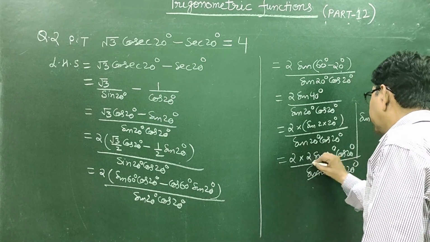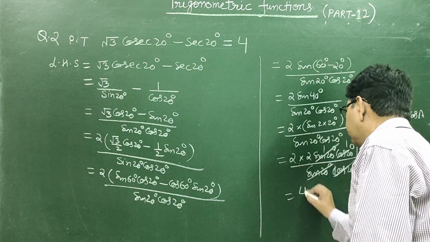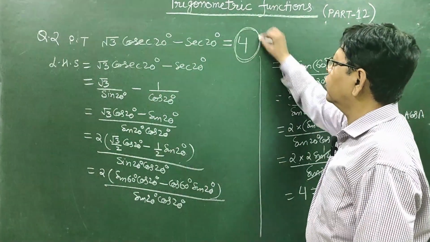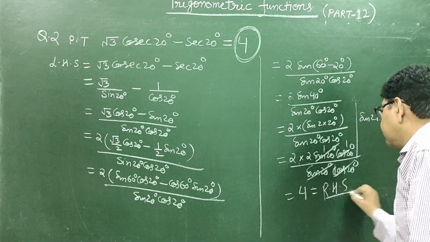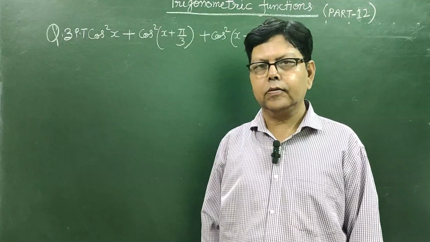Sine 20 degree and cos 20 degree cancel. 2 into 2 is equal to 4, and students, you have got the right hand side, the required result. This is equal to right hand side, hence this question is complete.